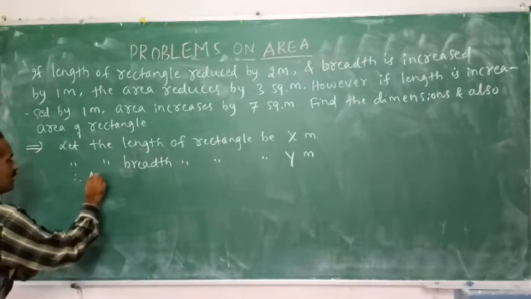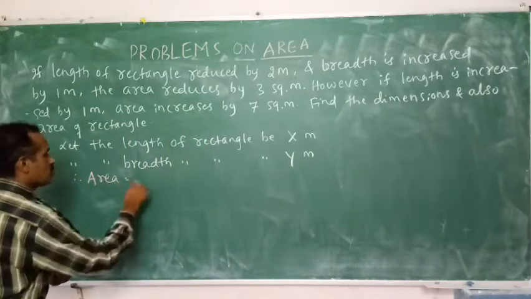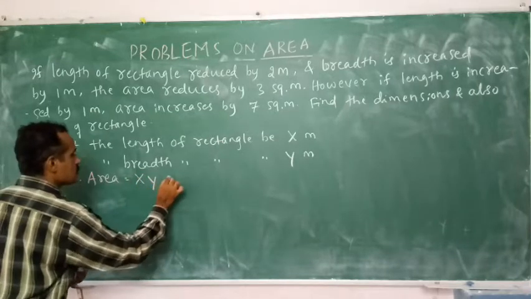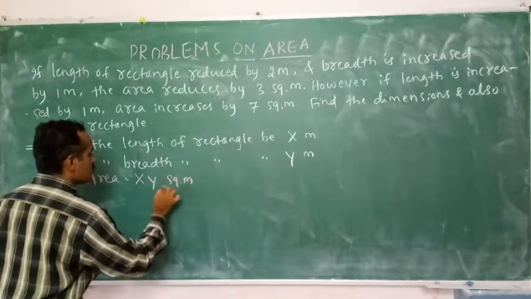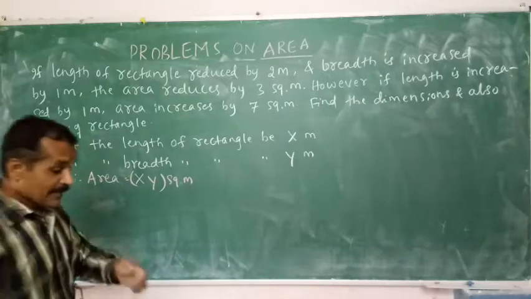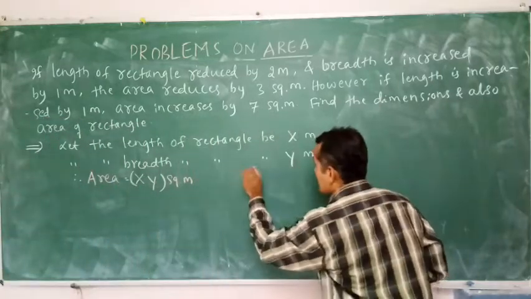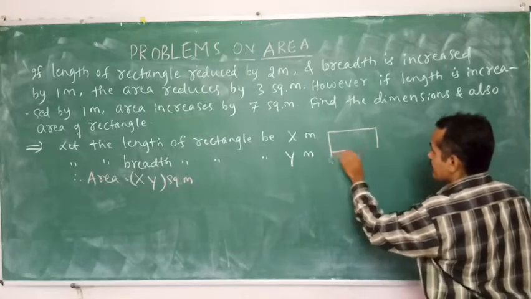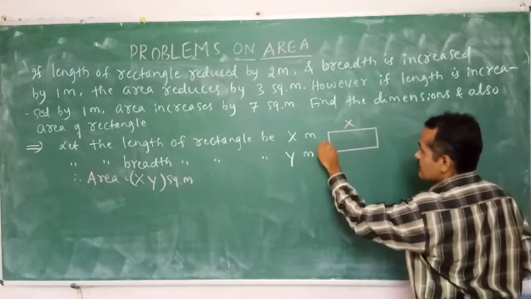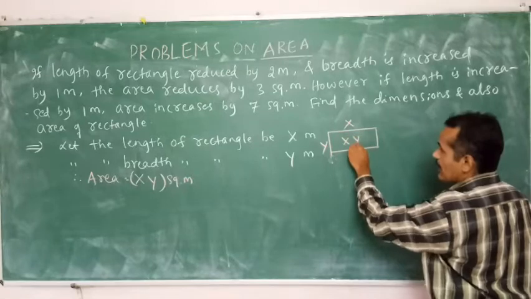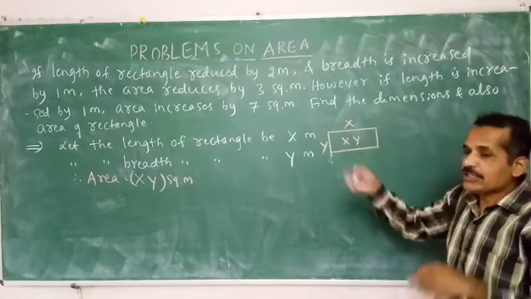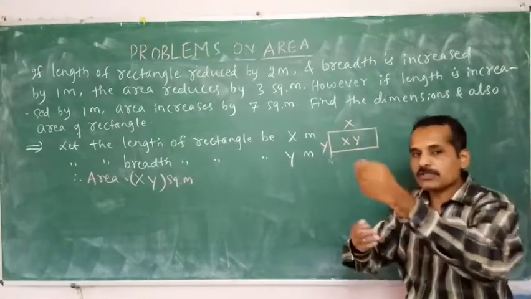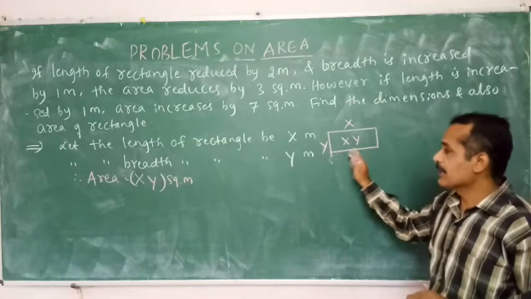Therefore, area is equal to x into y, xy square meters. Let me draw a small figure for this. This is x, this is y, this is xy. This is the reference point. Any changes, either increase or decrease, it is from here only.